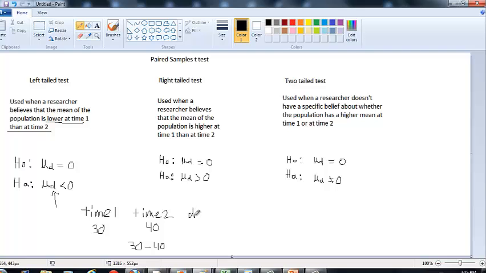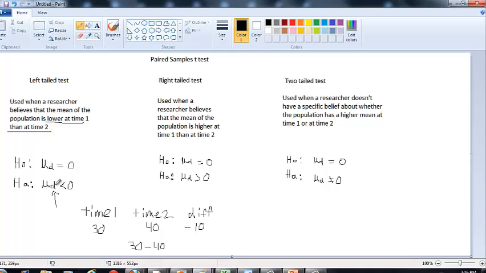If you subtract the mean at time 1 by the mean at time 2, you get the mean of the difference scores. So the mean of the difference scores for the population is a negative number when the mean is lower at time 1 than at time 2.